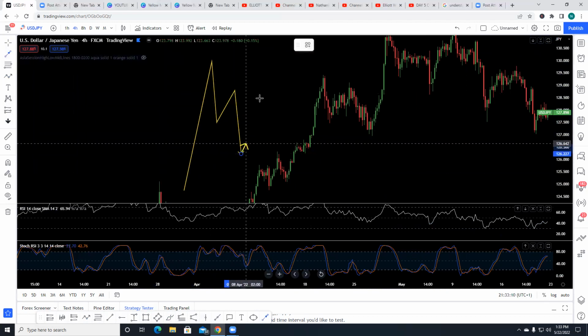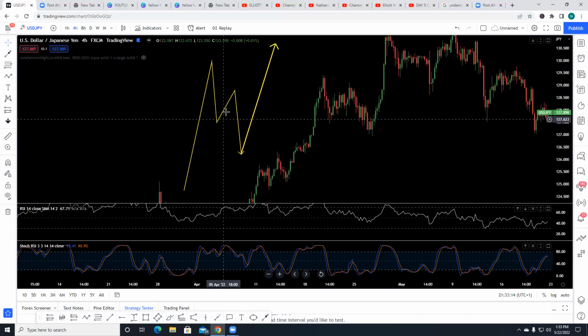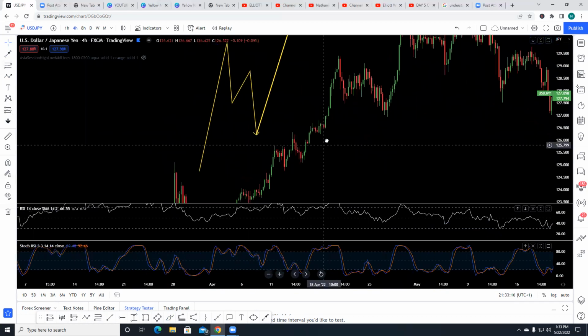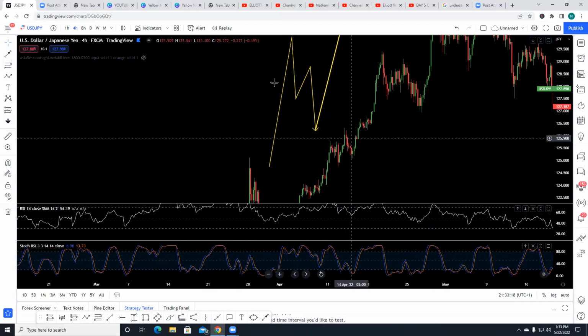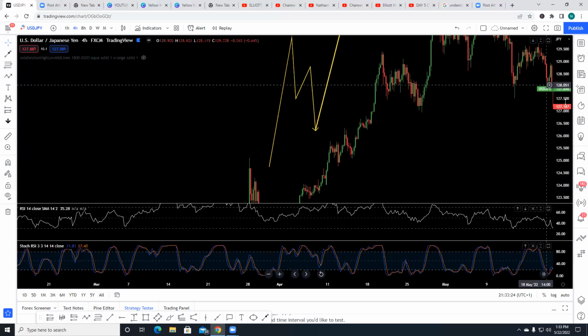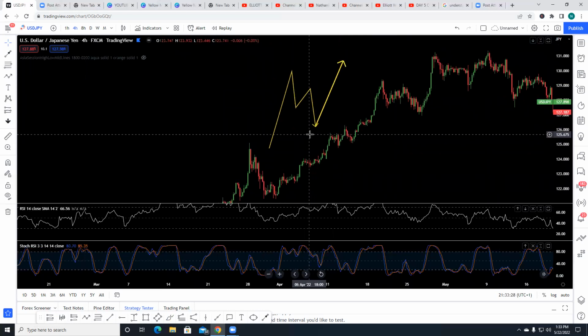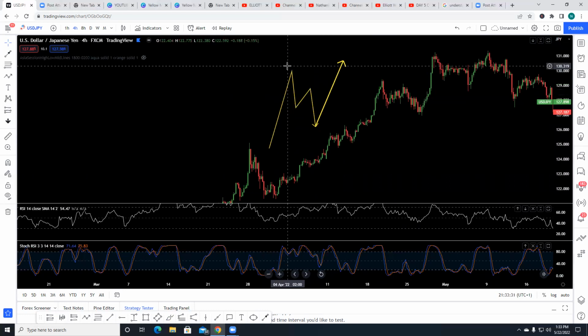And after this, you have a push to the upside. How I confirm the structure is that both RSI and stochastic RSI will reset to the low. It's going to reset to the low in an uptrend market.